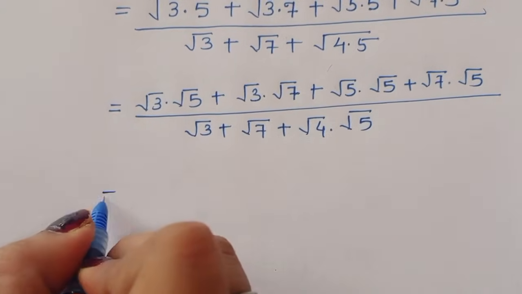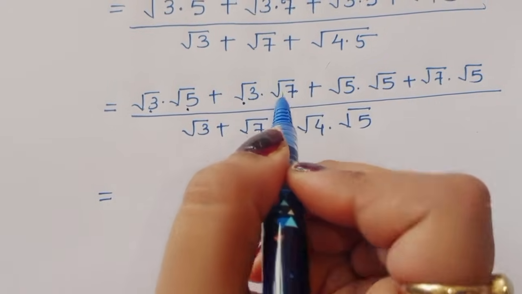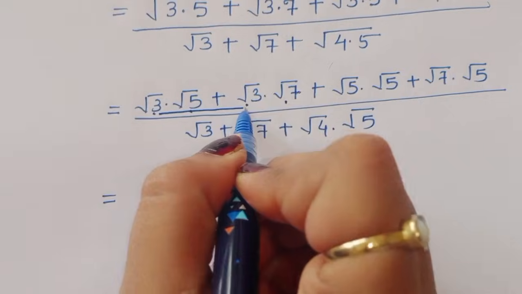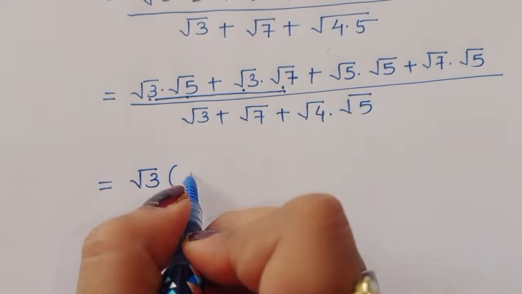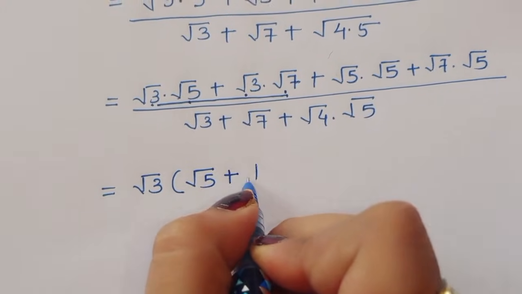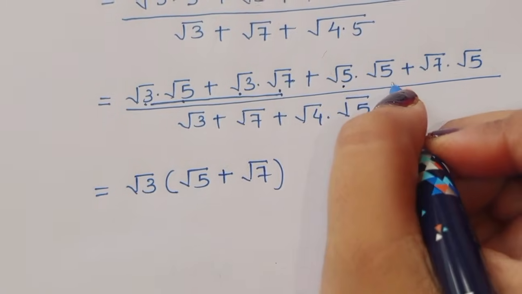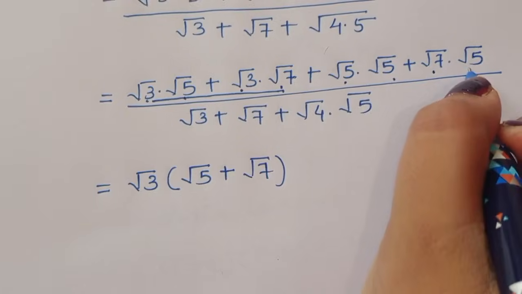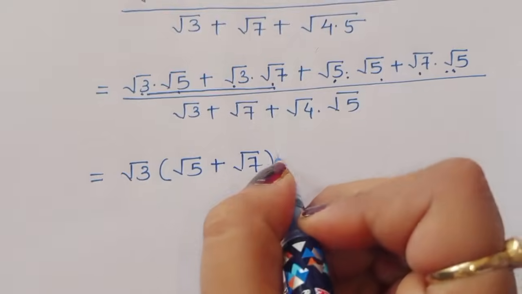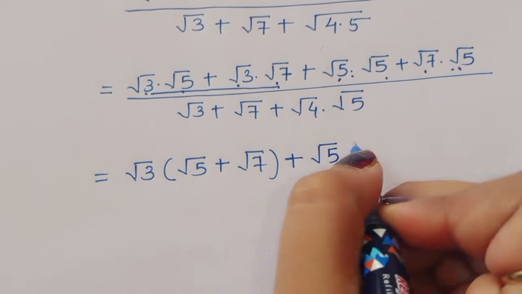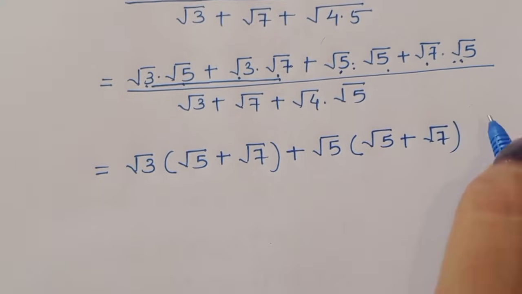Now you can see here √3 times √5 and here √3 times √7, so we can take common √3. Left with √5 + √7 in this first term. Now √5 times √5 and √7 times √5, so we can take common √5 because √5 is present in both. So plus √5 times (√5 + √7), right?